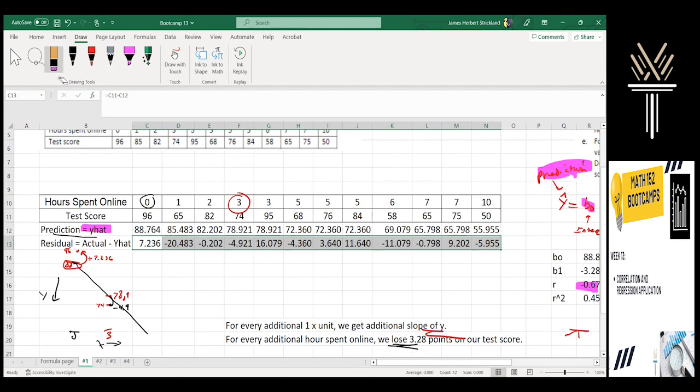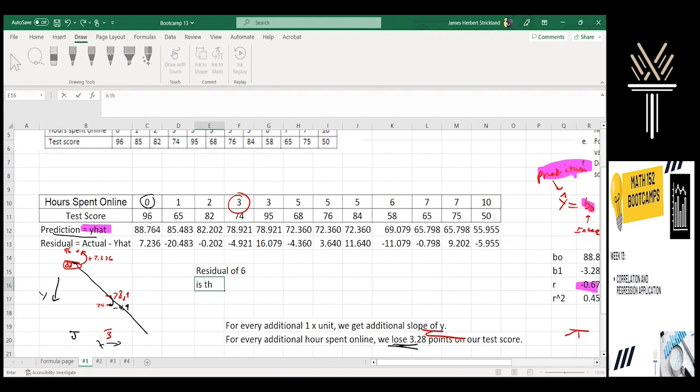Now, why am I making a big point about this? Well, on the exam they'll say you have a residual of 5, or of 6, I guess I wrote 6. Is that an over or under prediction? You won't actually have the data, because if you have the data, it's pretty easy to see if you have an over or under prediction. They're going to tell you the residual and then ask you that question.